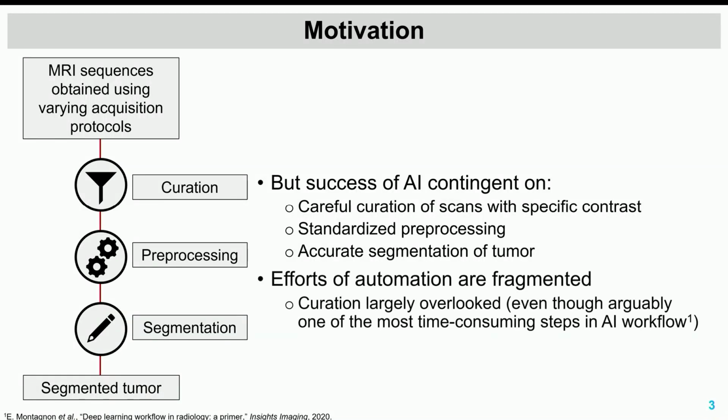Now, there have been some efforts to automate these steps, but most of them are fragmented, and the curation part is largely overlooked. Even though we often need weeks or months to curate a data set before we can feed it into the AI model, there has not been much work to automate this process. The reason is that each of these steps has its own set of challenges.